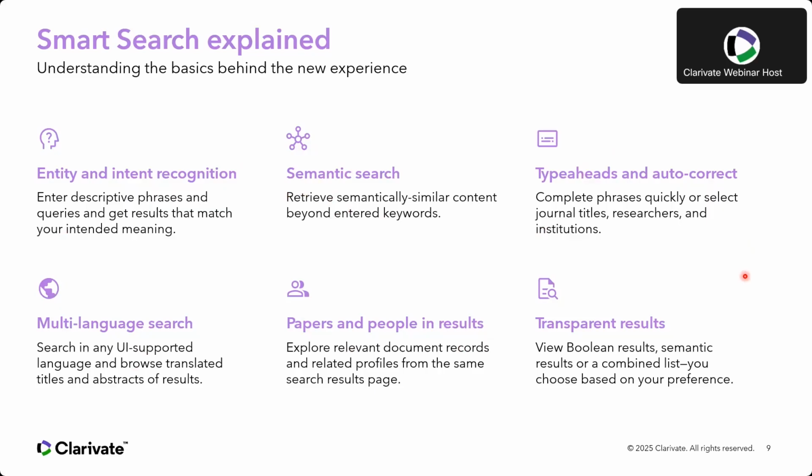So if you make a mistake when writing a keyword, for example, you have transparent results. So you will see either Boolean results, semantic results, or a combination that you can choose based on your preference.